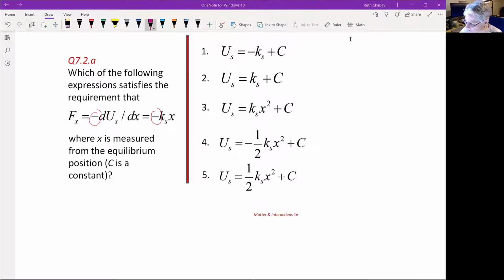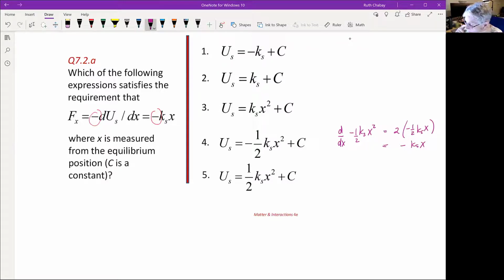The derivative of minus a half k sub s x squared is, there's a 2 times minus a half k sub s x, which gives us a minus k sub s x, but we have to take the negative of that.